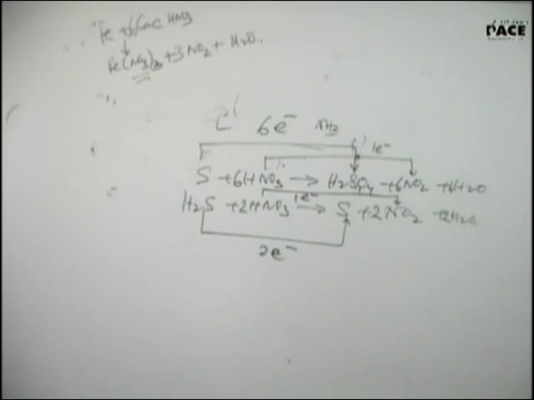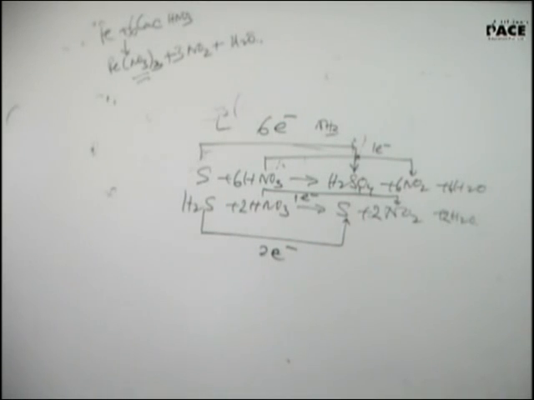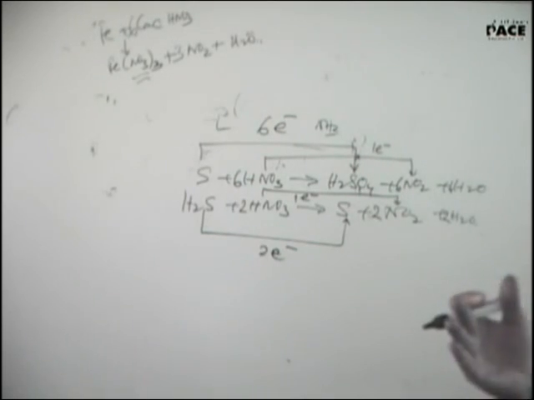Potassium iodide. Iodide goes to iodine, but iodine goes to iodic acid. Same reason, iodide being a reducing agent, it does not want to go to a very high oxidation state. It goes up to iodine.